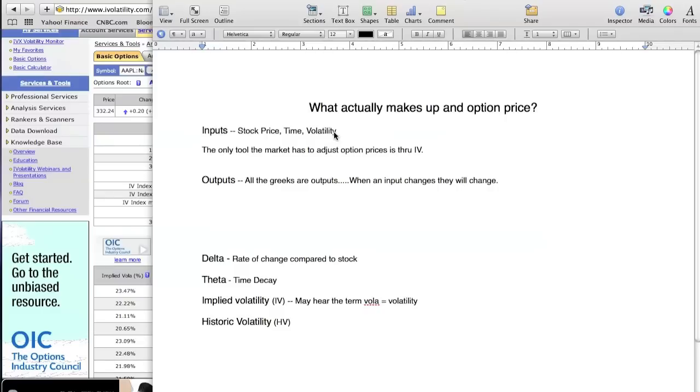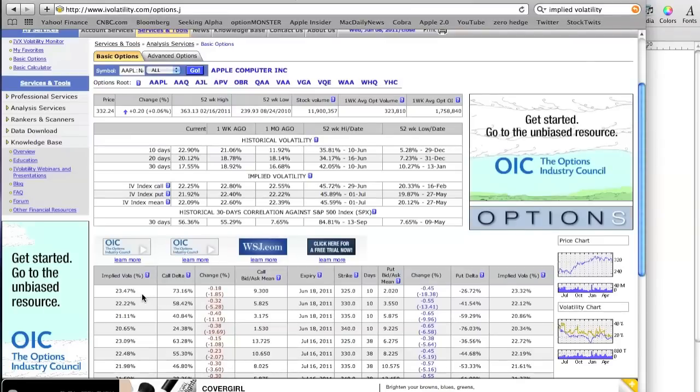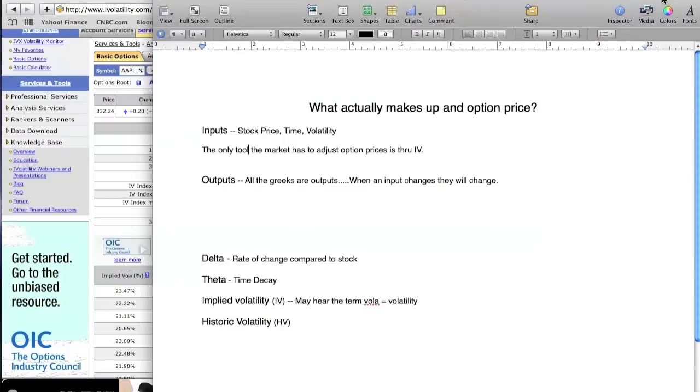So you would do it by dropping the volatility, say from 25% to 23%, and that will then change the option price. So that's how it's done. Then I'm going to run through these real quick, and then we'll go over some examples.